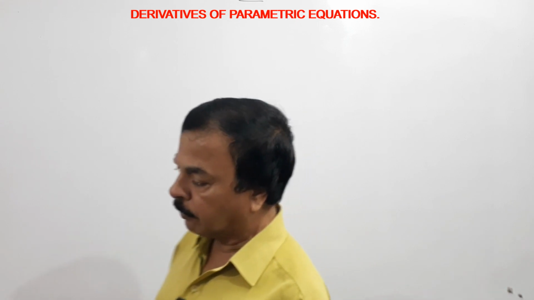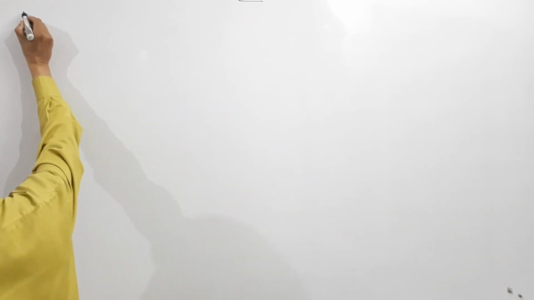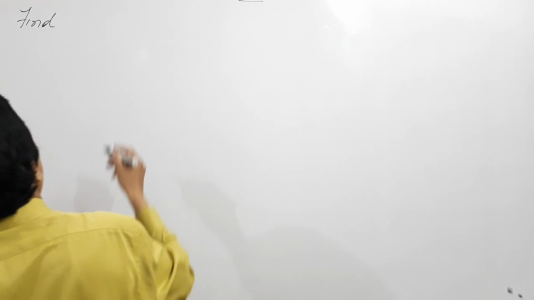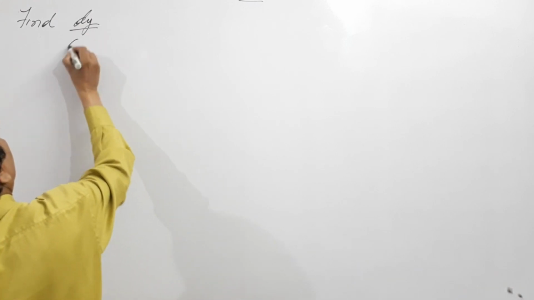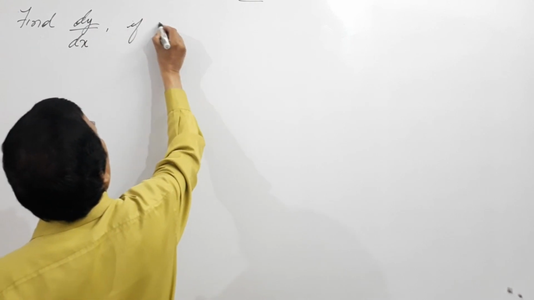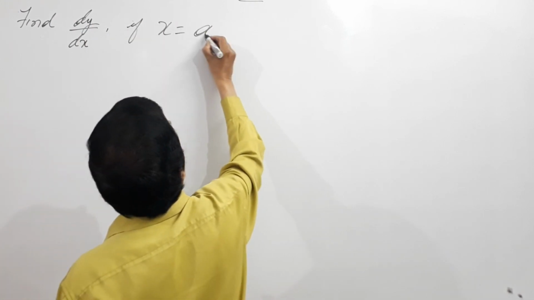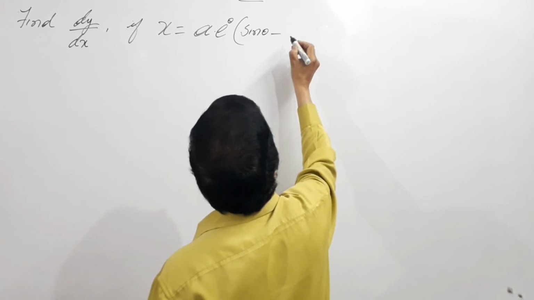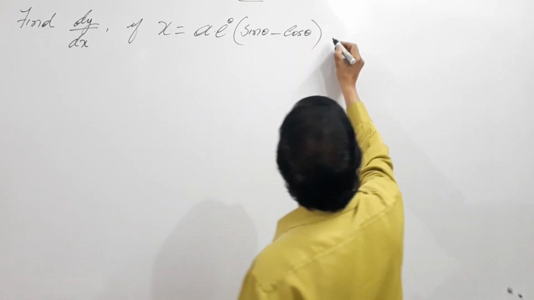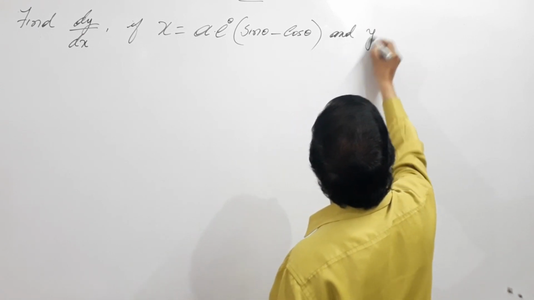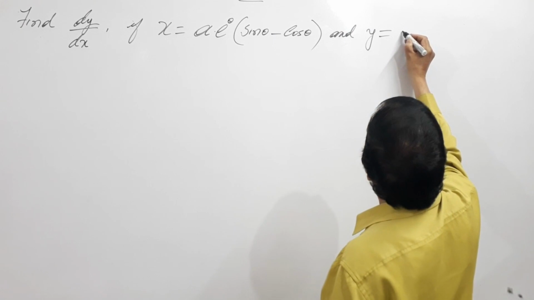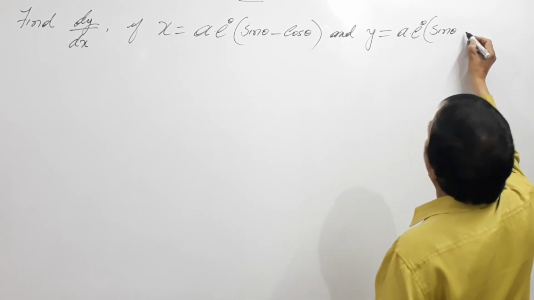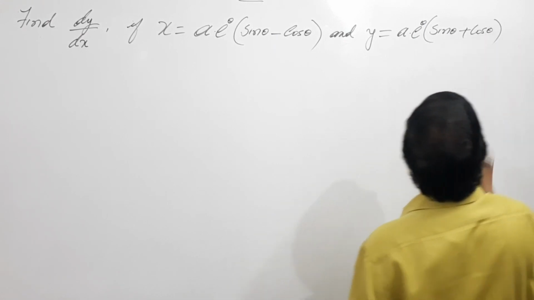Now, example: if you are given, find dy by dx if x equals a times e to the power of theta, sin theta minus cos theta, and y equals a times e to the power of theta, sin theta plus cos theta.